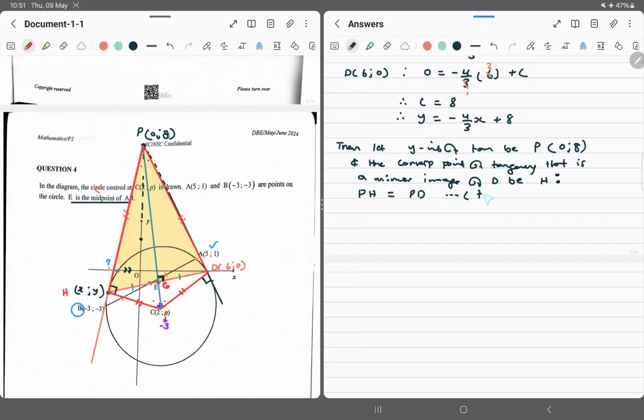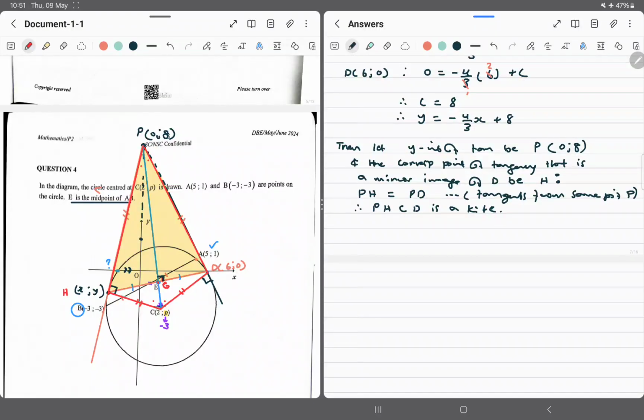These are tangents from the same point P. Okay? Tangents, because this is a circle, so we know that Euclidean geometry gives us that property. And it would tell us that therefore P, H, C, D is a kite.